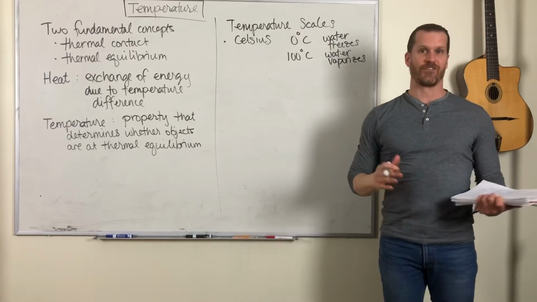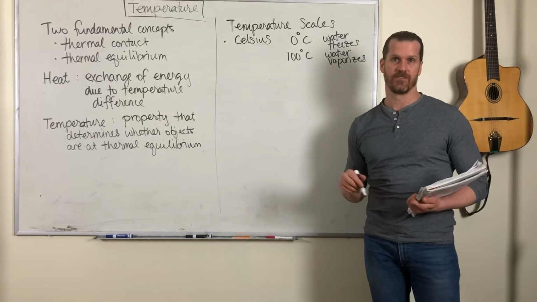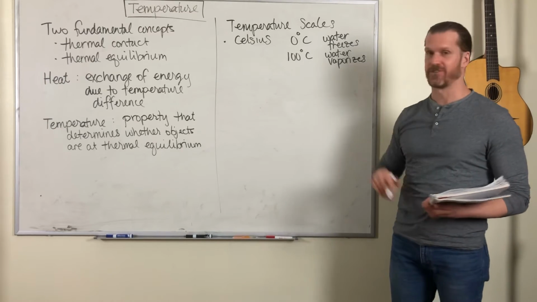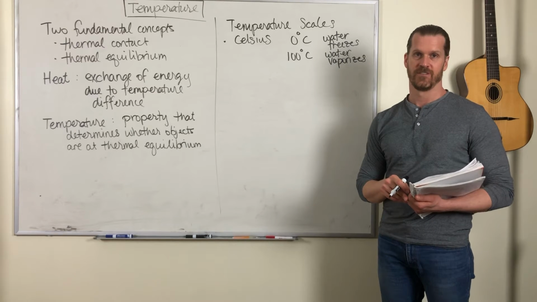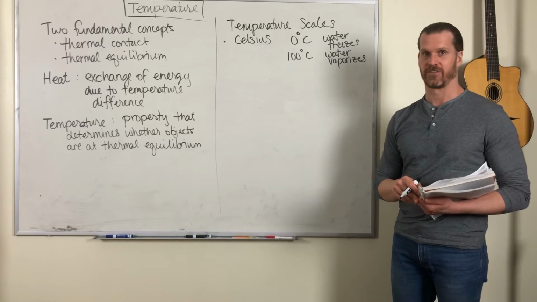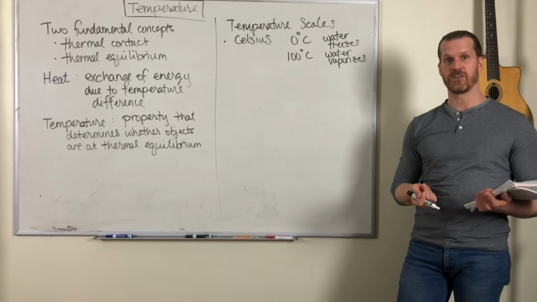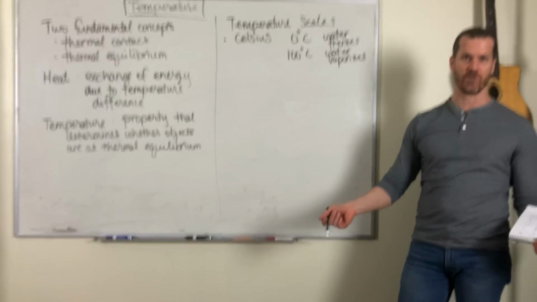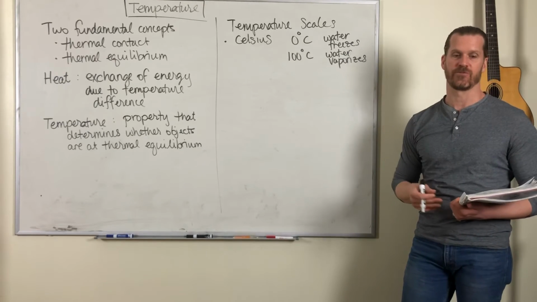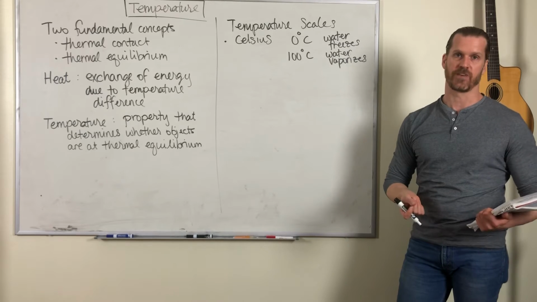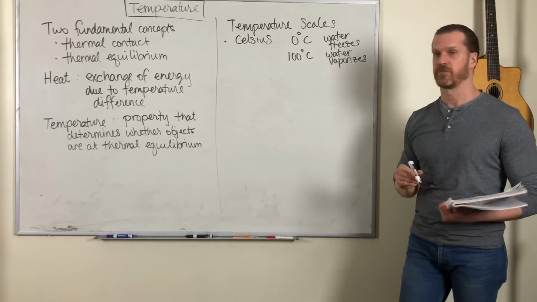Now, 0 degrees is not the coldest possible temperature. Things can be negative degrees Celsius, and 100 degrees is certainly not the hottest possible temperature. You can have temperatures in nature that are thousands of degrees Celsius or even more. But these are two common everyday situations. We often encounter water freezing, we often encounter water boiling, and that's why it's kind of convenient and natural to choose that as a temperature scale, so that there are 100 degrees, 100 steps in between these two temperatures.